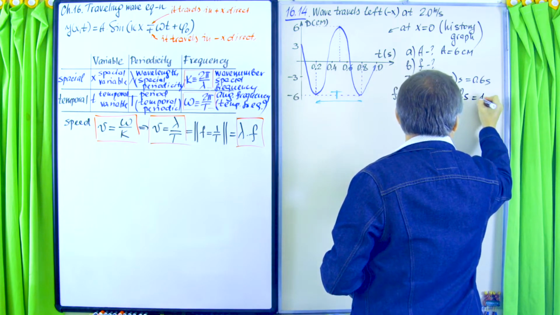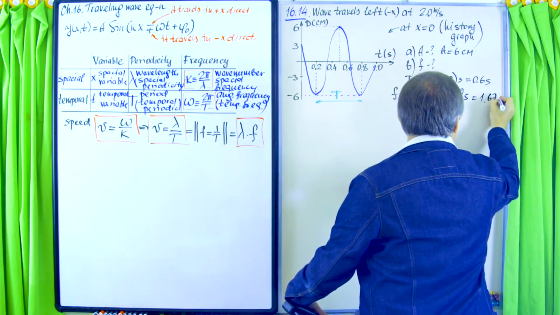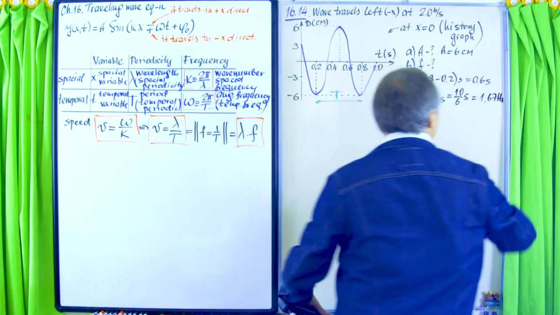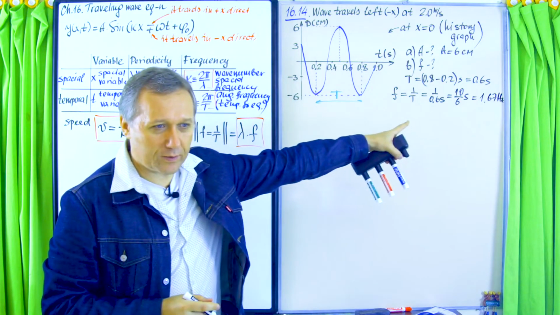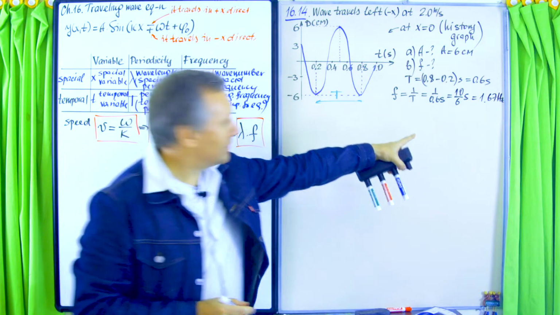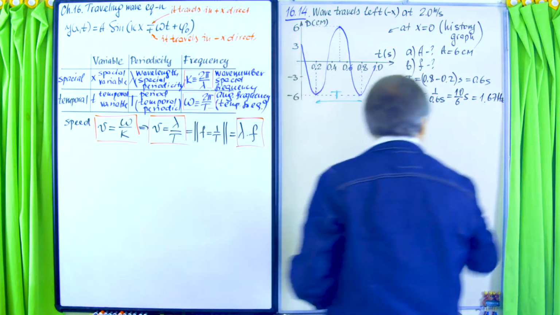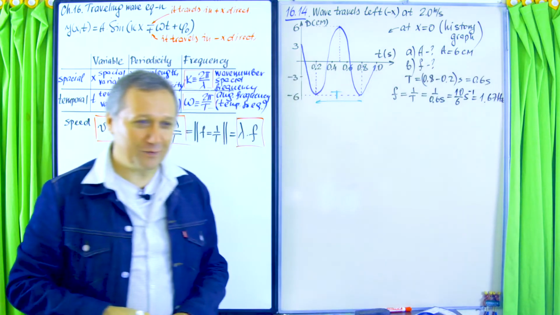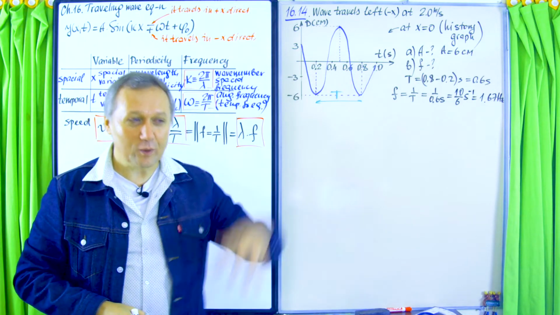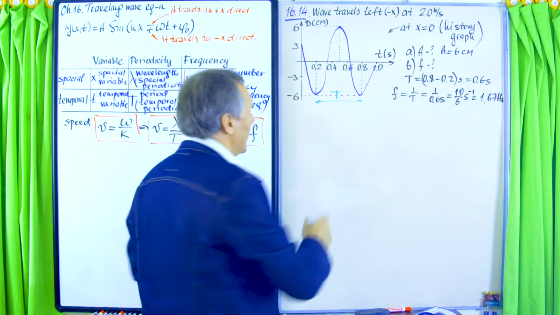And of course, you can write it as 1.67 hertz. Wait, I wrote nonsense. You see? Seconds was downstairs, and then suddenly it jumped. Okay, I can put it like seconds to the power of -1. I can fix it like this. 1 over seconds, that's what hertz is. Okay, so we found the frequency.